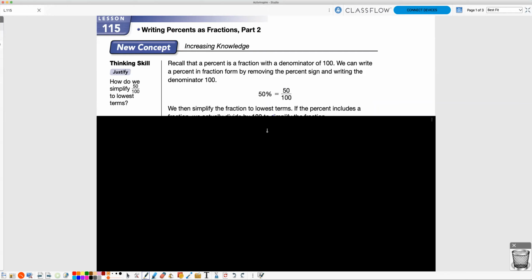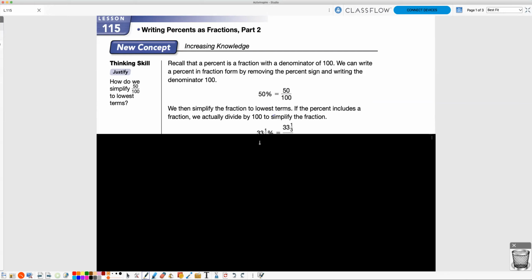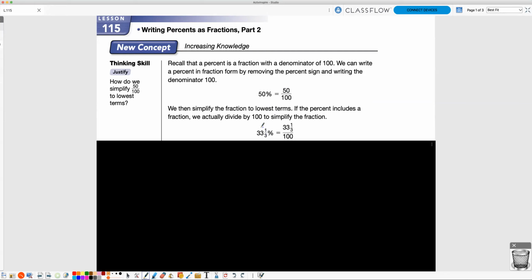If the percent includes a fraction, we divide by 100 to simplify the fraction. So in this case, 33 1/3%, and we want it in lowest terms as a fraction. It is simply 33 1/3 divided by 100.